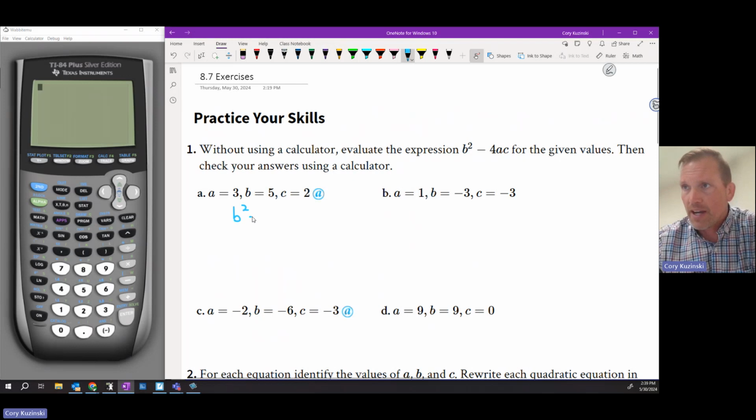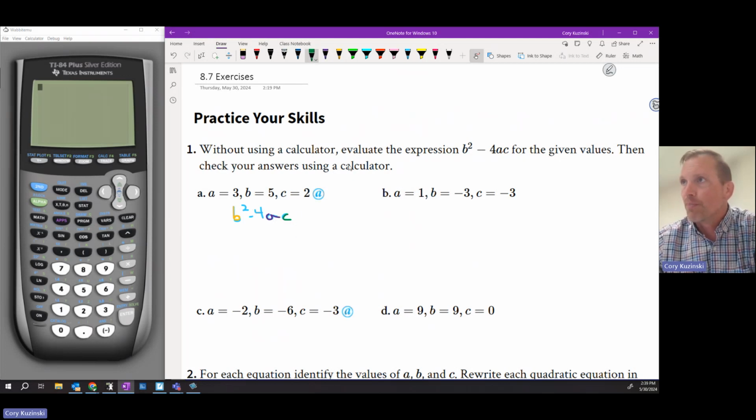B squared minus 4 times a times c. Well, let's see. B squared, 5 squared. We'll do a in purple, and we'll do c in green.